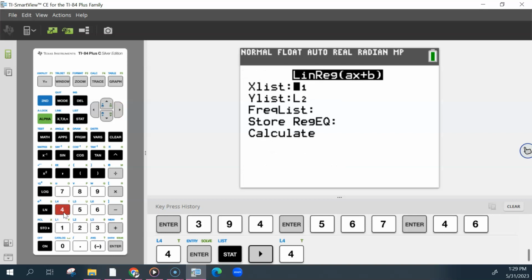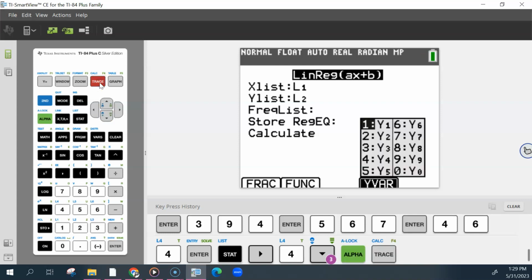Then make sure this says X list L1, Y list L2, and go down to store. And hit alpha trace. And once there, hit enter 3 times.